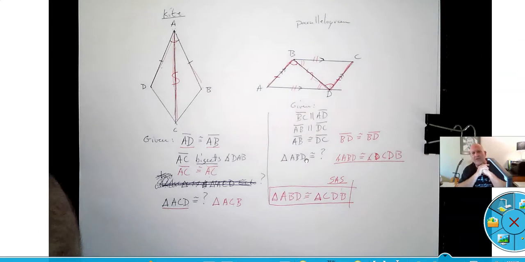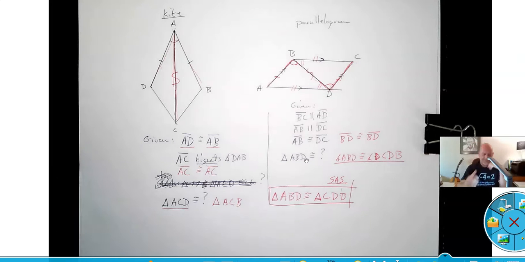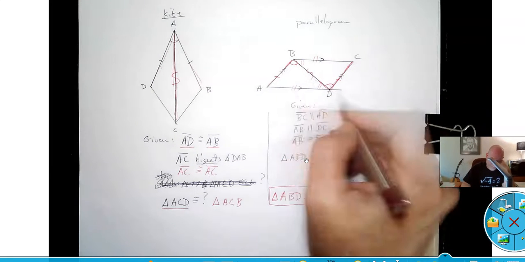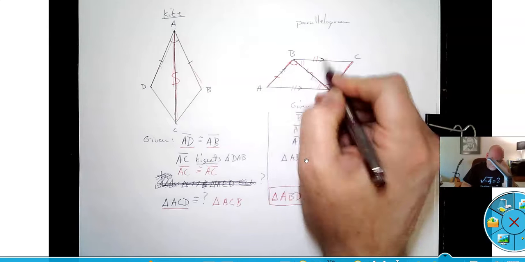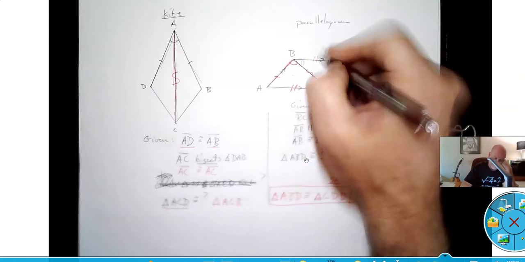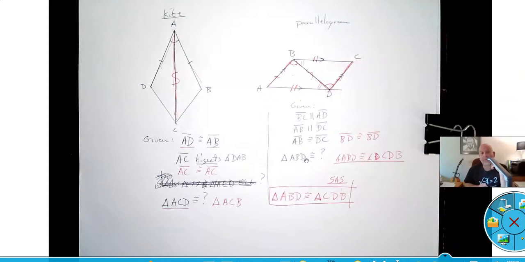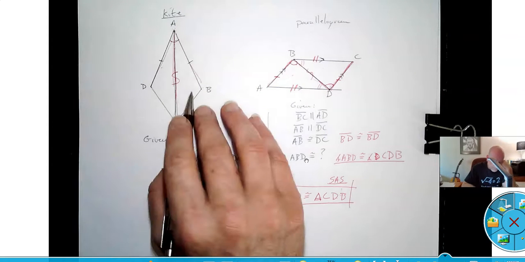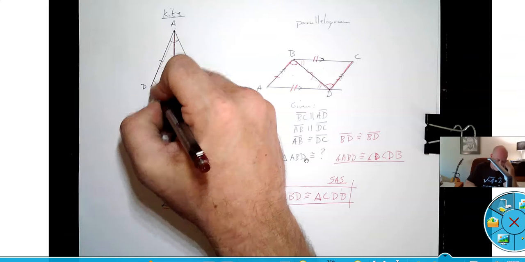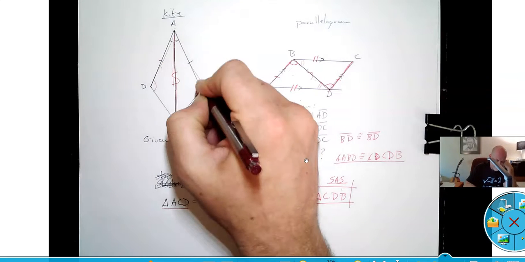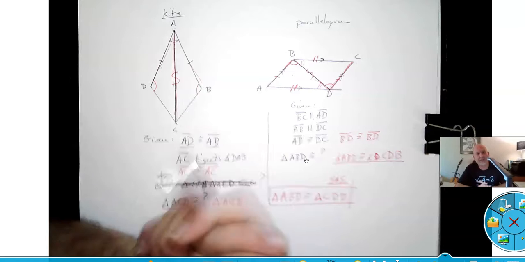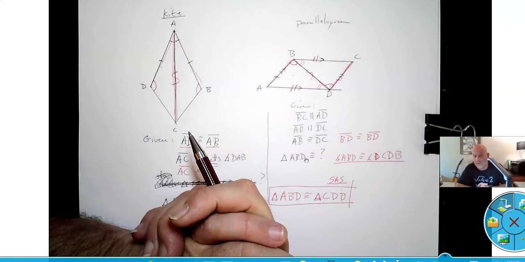I do want to point out that certain times, for example, what we did up here, when we showed that these two triangles were congruent, we actually were showing that the other side was congruent, right? By showing that these two triangles are congruent, we just showed that the non-apex sides of the kite are congruent, right?